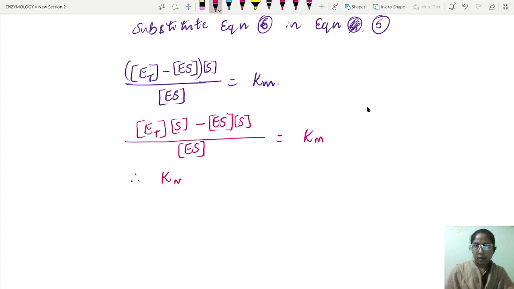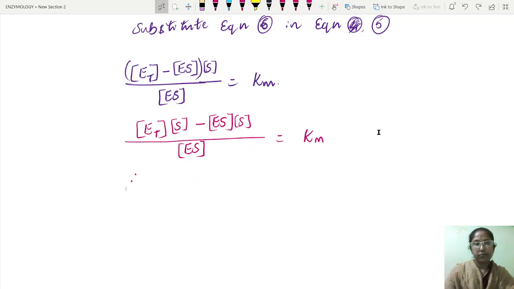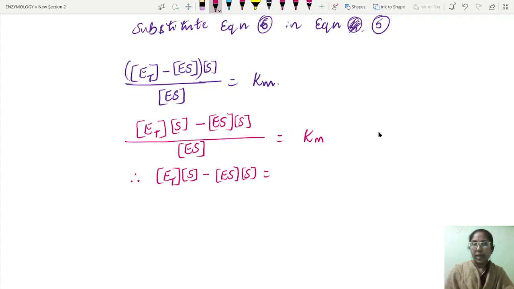Therefore, Et into the concentration of the substrate minus ES into concentration of the substrate will be equal to Km into ES.